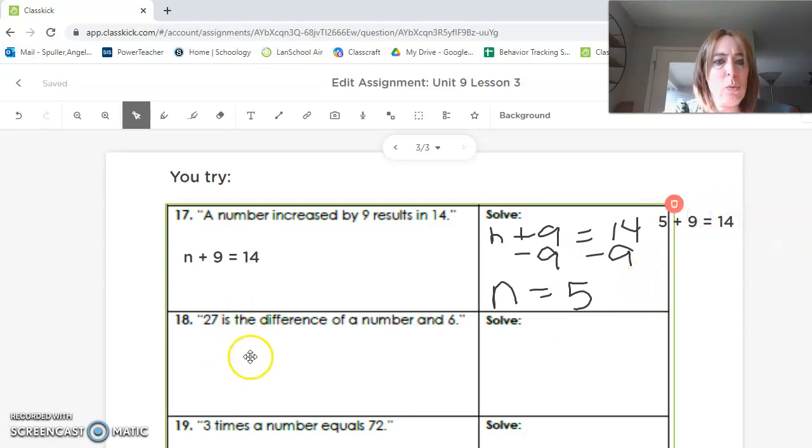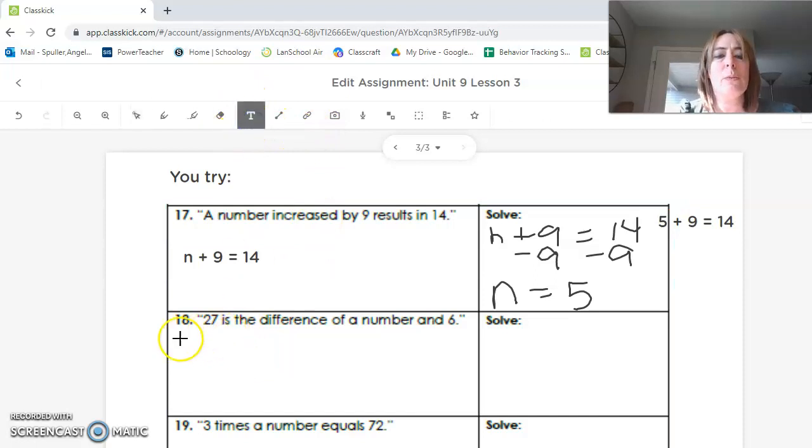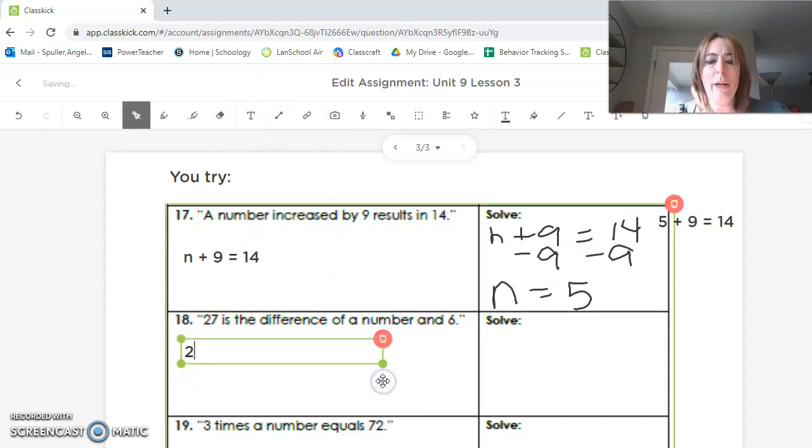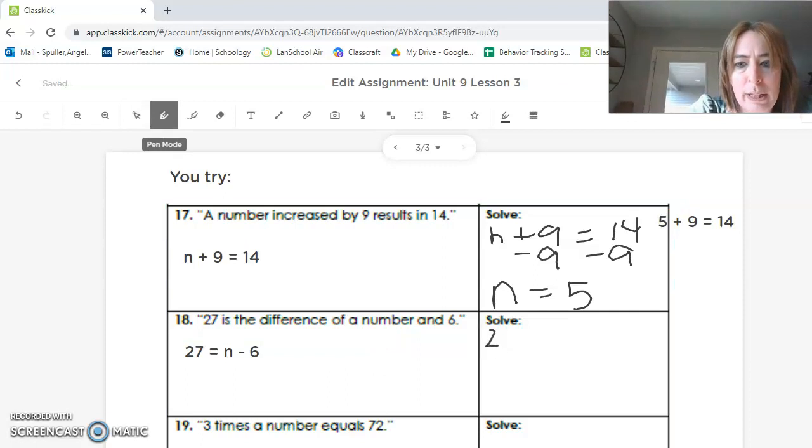All right. 27 is the difference. Okay, so here, this one's a little tricky. 27 is the difference of a number and 6. Difference means subtract. Okay, so to solve it, I'm going to say 27 equals n minus 6, and I'm going to add 6 and add 6.